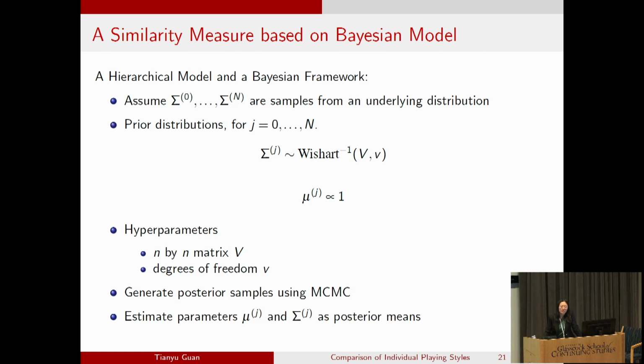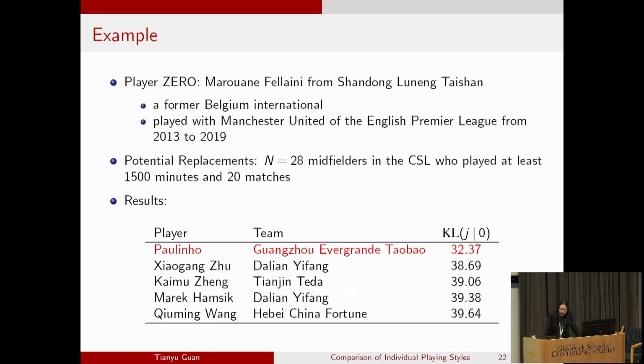Then we use the MCMC method to draw posterior samples and use the posterior mean to estimate these parameters. Here we have an example using our CSL data. We identify player 0 as Fagner from Shandong Luneng Taishan, because this is a relatively famous player we can identify in the CSL.